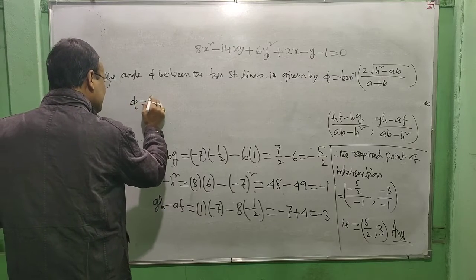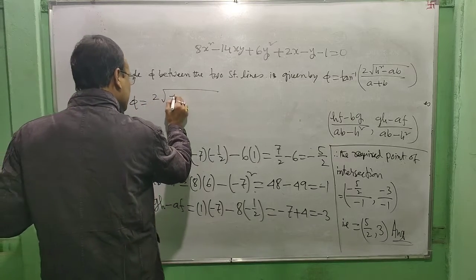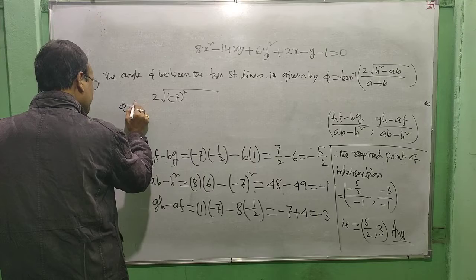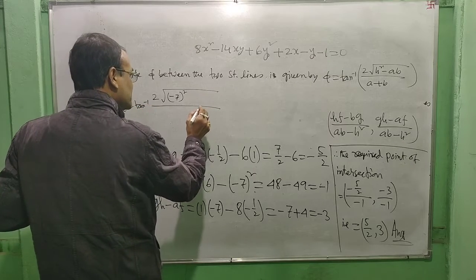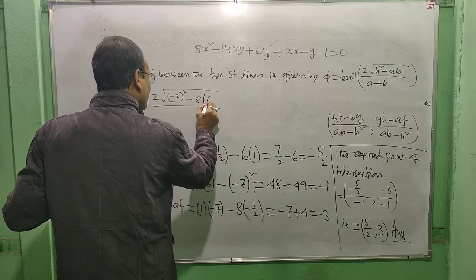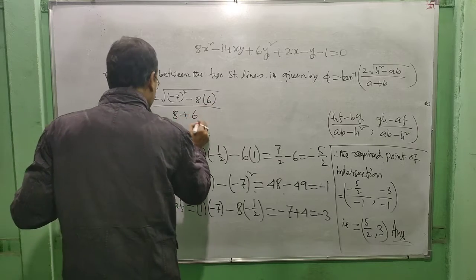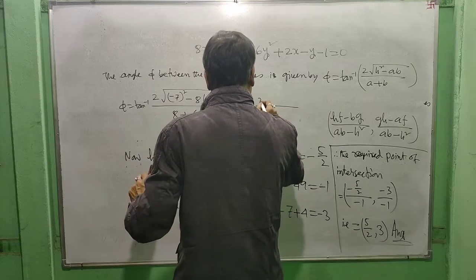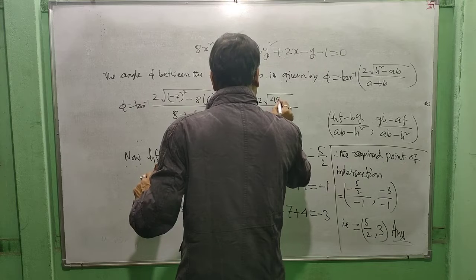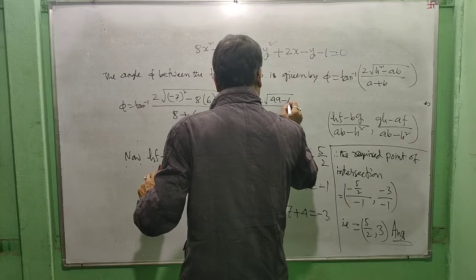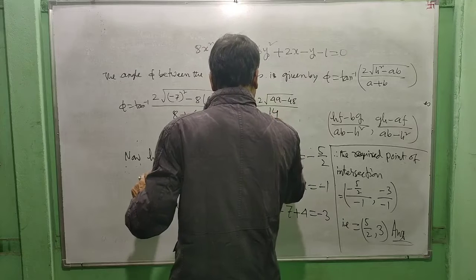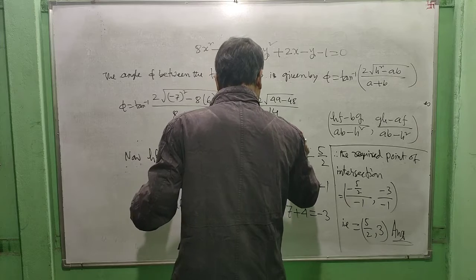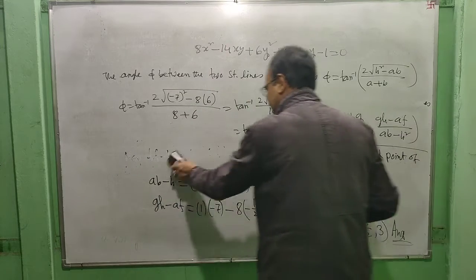Phi equal to tan inverse 2 root over (49 minus 48) divided by 8 plus 6, this is equal to tan inverse 1 by 7. This is the answer.